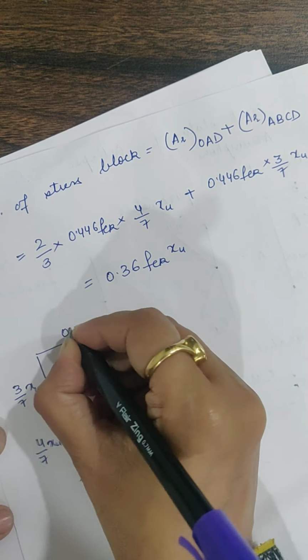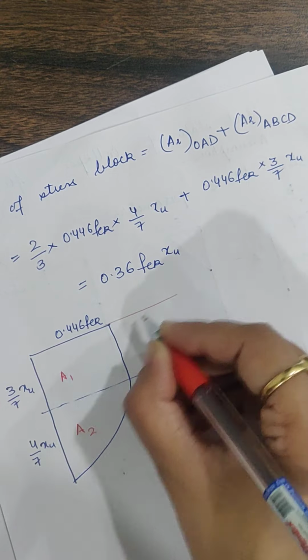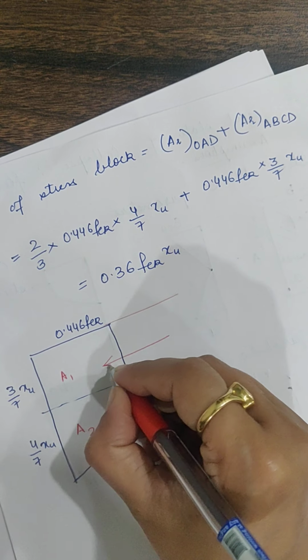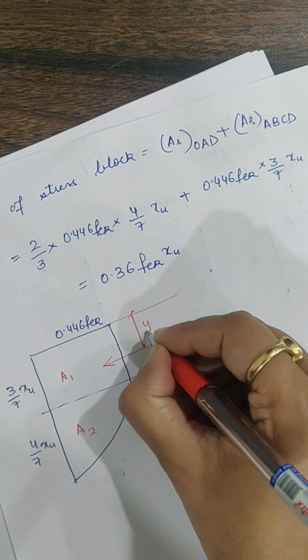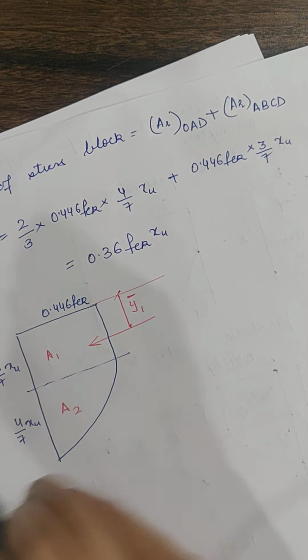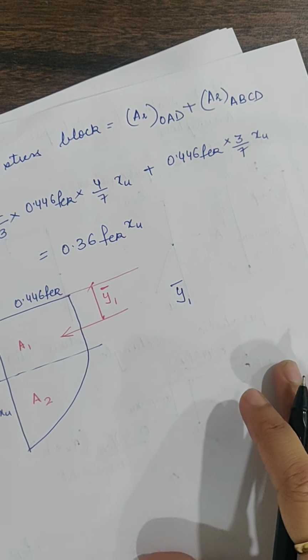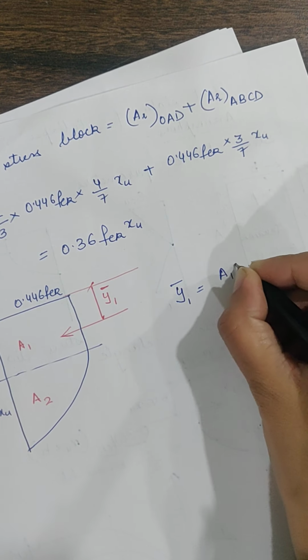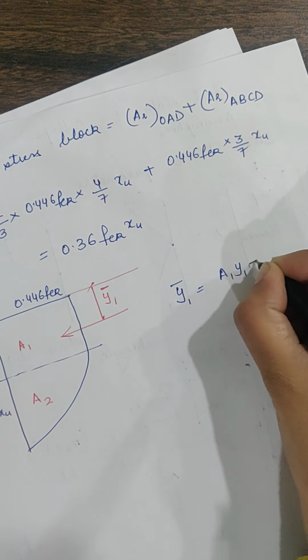Let us say that this rectangular portion is A1 and this parabolic portion is A2. Let us say the CG of the total is at a distance of Y1 bar from the top. So, as you know, the formula of CG is A1 Y1 plus A2 Y2 upon A1 plus A2.